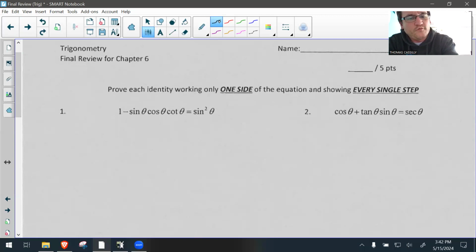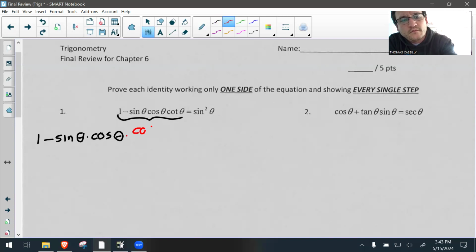So this first one, remember, you're only allowed to work on one side. So that sine squared you see on the right side, I'm not going to even touch that. On this first one, I have 1 minus the sine of theta times the cosine of theta. I'm going to take that cotangent and change it into the cosine of theta over the sine of theta. Now all three of these things are being multiplied together, so I can take the sine in the denominator and cancel it off.